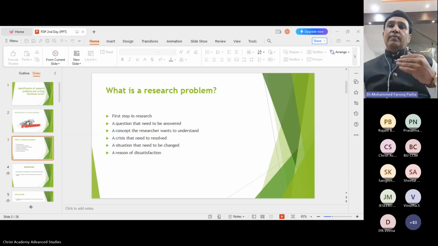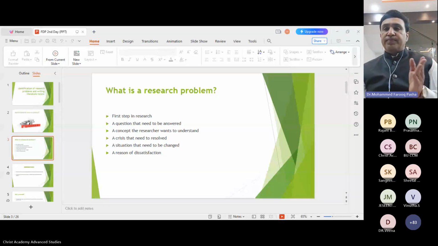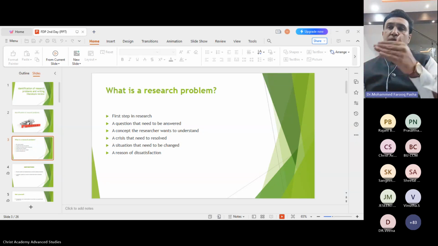And again, I am trying to solve it for fellow people who are directly or indirectly involved with the same kind of research problem. This is my first understanding of the researcher's problem. It is not a single person who is dealing with the problem. Collectively you are dealing with the problem, but as a representative you are dealing with the research problem that you are going to identify and go ahead with.